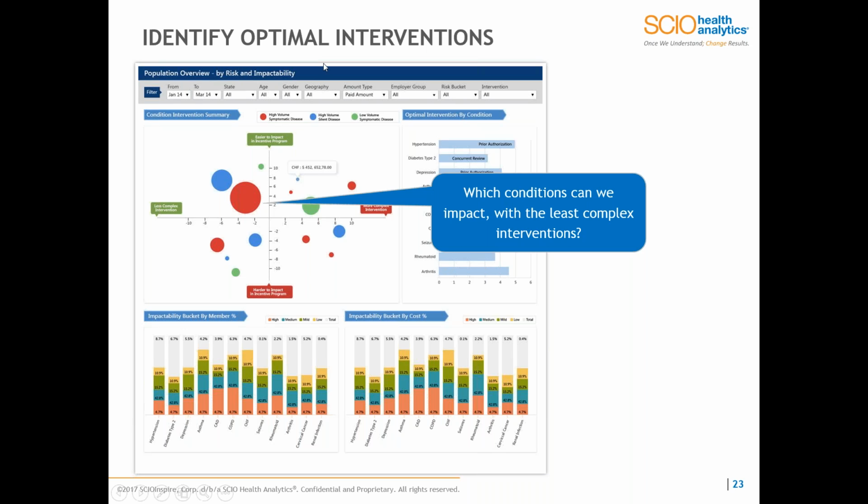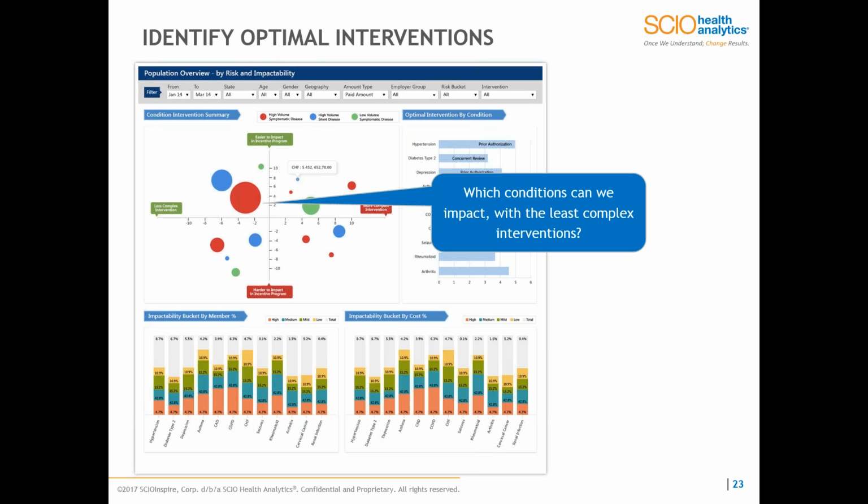So you can see that within this, there's the size. The cost is, again, like with impactability, the size of the bubble. The color is the condition, and then for this individual population, what type of intervention is going to be the most effective for that population, and how does that break down by impactability by the different conditions, as well as where the cost is allocated across those conditions.